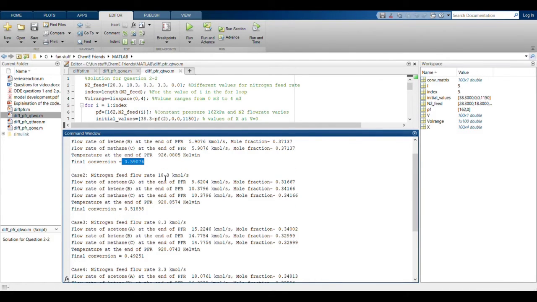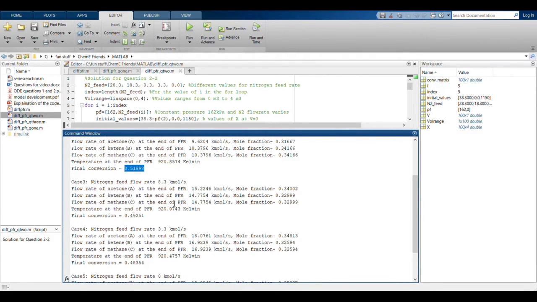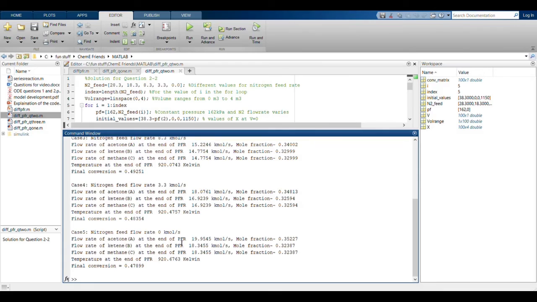When the nitrogen feed flow rate is reduced, we have a 51% conversion, and so on. So we can see that adding nitrogen to our PFR at the inlet is beneficial for conversion of acetone and cracking it into ketene and methane respectively.